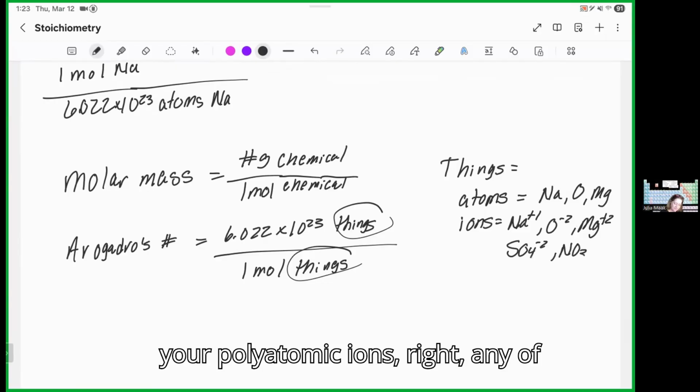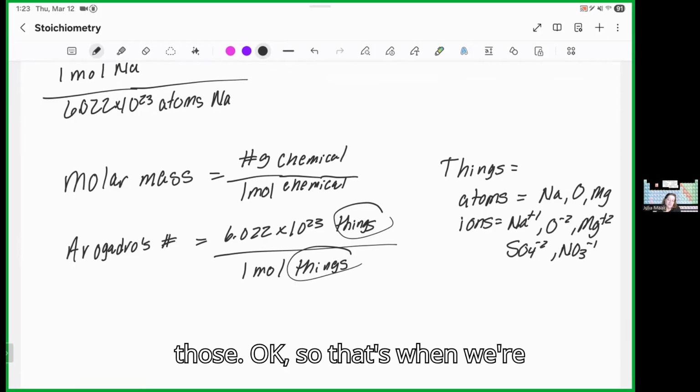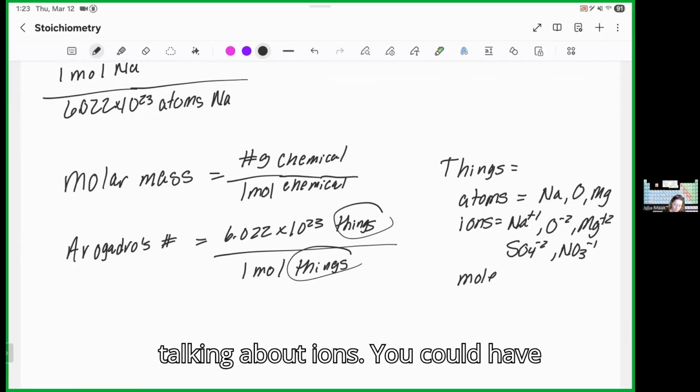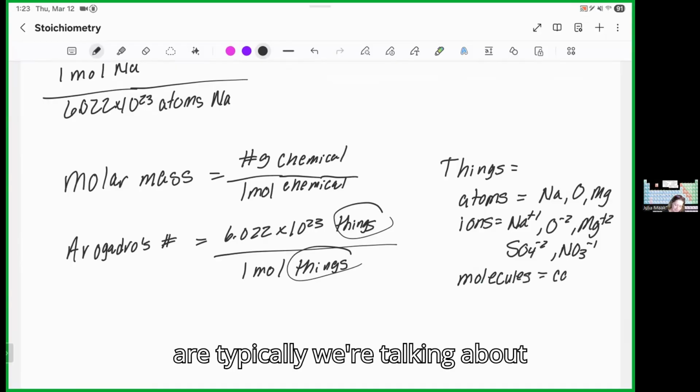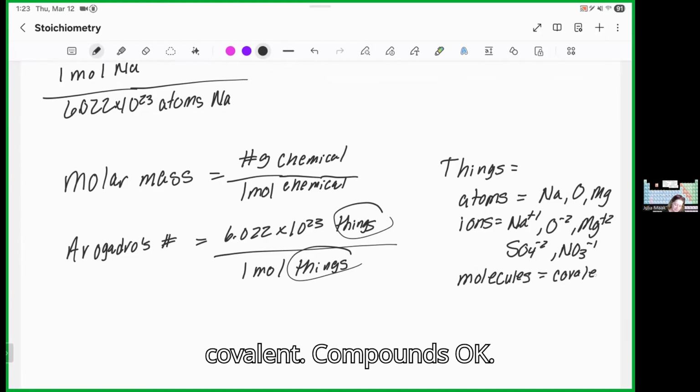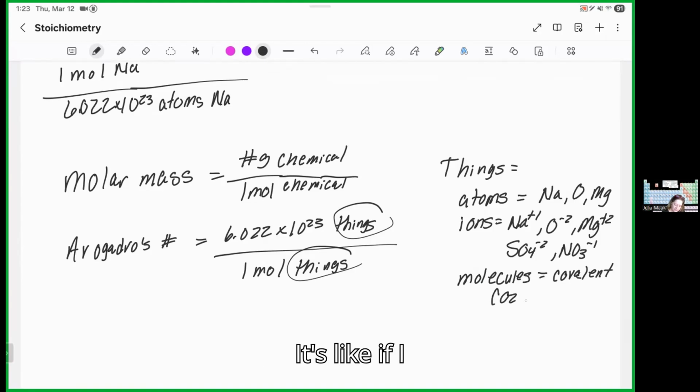Any of those. Okay, so that's when we're talking about ions. You could have molecules, and molecules are typically covalent compounds. So like if I had CO2 or C6H12O6 or P4O9. I don't even know if that exists, but whatever.